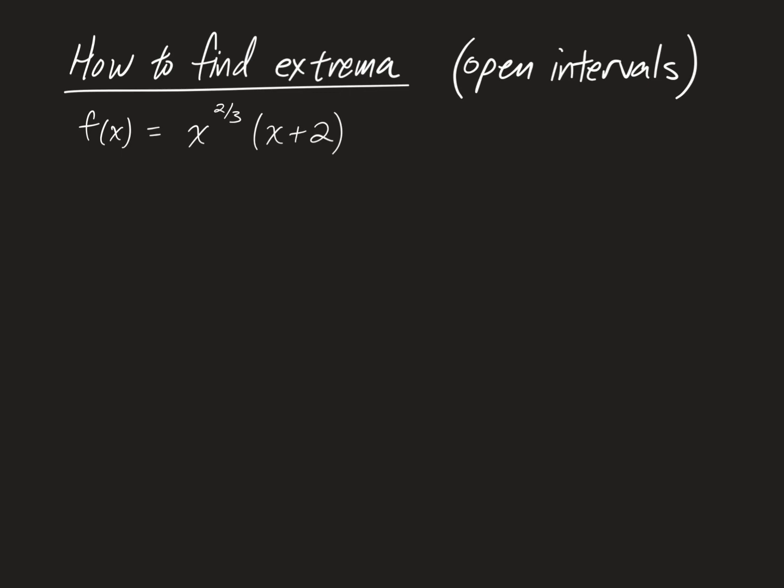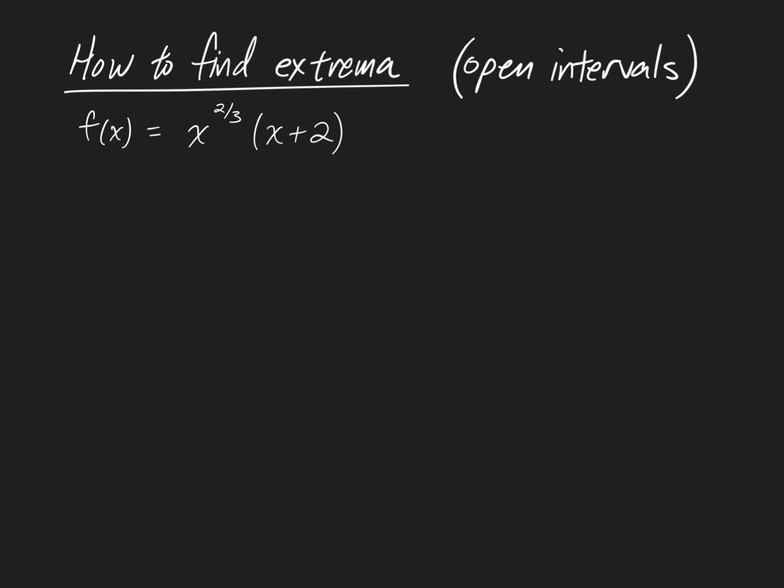And without missing a beat, we're just going to jump into how to find extrema on open intervals. So I think the biggest difference right off the bat is you can see we are not given an interval to have endpoints. The only thing that we will have for this function are the critical values we find to determine whether or not we have a max or a min.